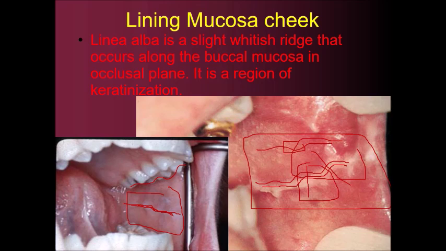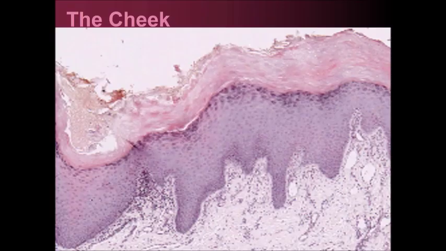Also, if I have, for example, a tooth here which has a sharp filling or a fracture, a sharp point, during friction with the oral mucosa a keratin layer will develop to protect the underlying soft tissue. In this image, this section was in the area of the linea alba buccalis.